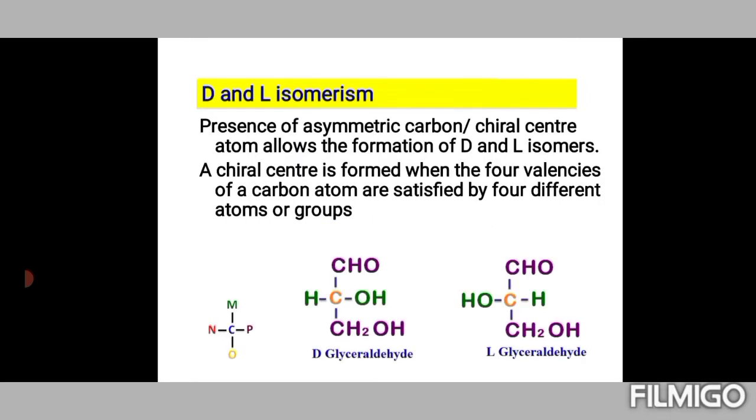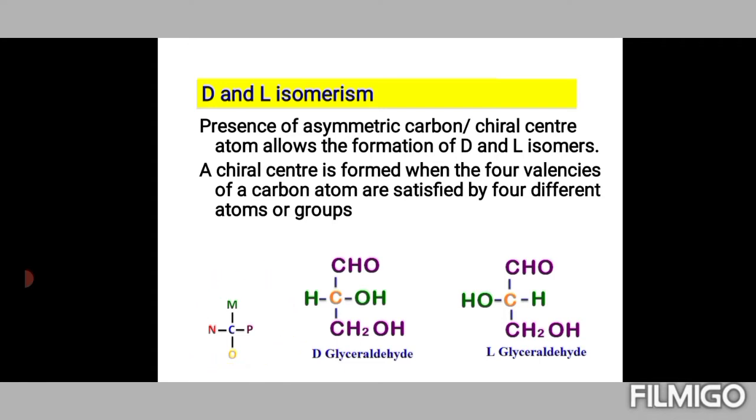Another kind of isomerism is D and L isomerism, or dextro-levo isomerism. Here, the presence of an asymmetric carbon or chiral center allows the formation of D and L isomers. Now, what is a chiral center, or an asymmetric carbon atom? The figure is represented here.